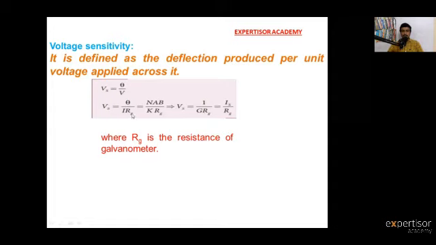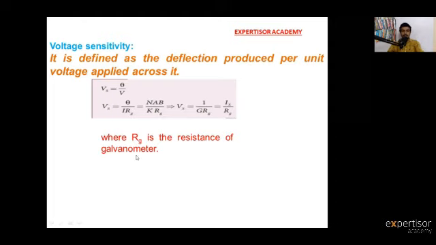Rg means the galvanometer resistance. Applying the twist value from NAB, finally Vs is equal to 1 divided by G Rg, that is equal to Is divided by Rg, where Rg is the resistance of the galvanometer.